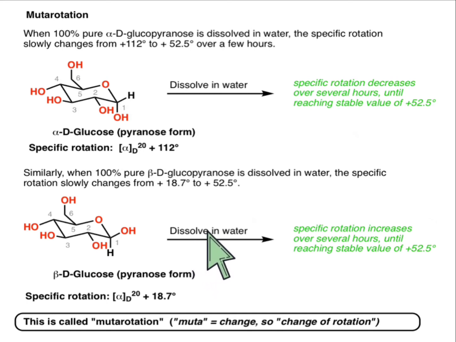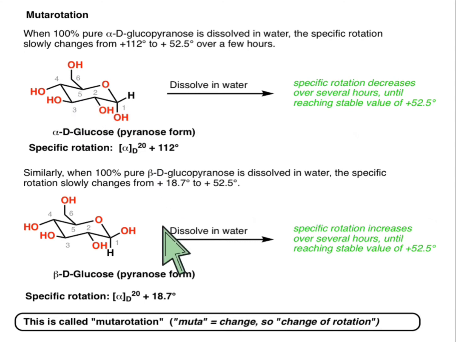Why is it changing from 112 to 52.5 degrees, or from 18.7 to 52.5? This is due to the conversion of some of the alpha D glucose to beta D glucose, or vice versa, from beta D glucose to alpha D glucose.